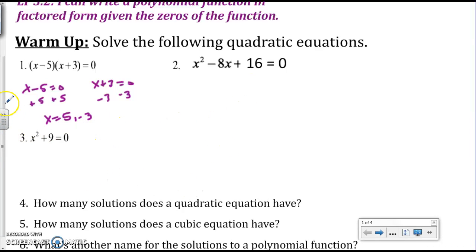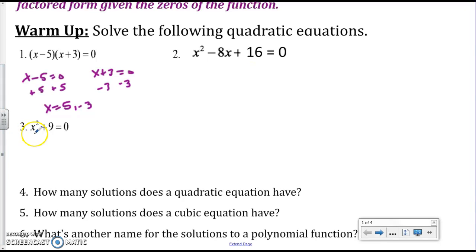So you can go ahead and factor the other two, set them equal to 0, solve from there, or use square roots. But whenever we did this, we either had two real, two imaginary, or one real solution, and it just kind of depended on it.